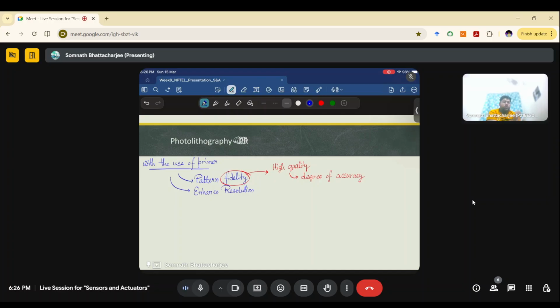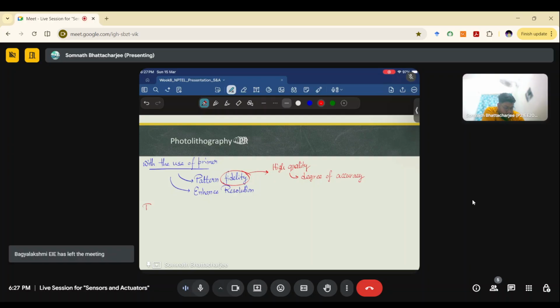So your smallest unit will be much smaller than if you are not using a primer. After heating this primer on top of your surface, you will normally coat your PR.